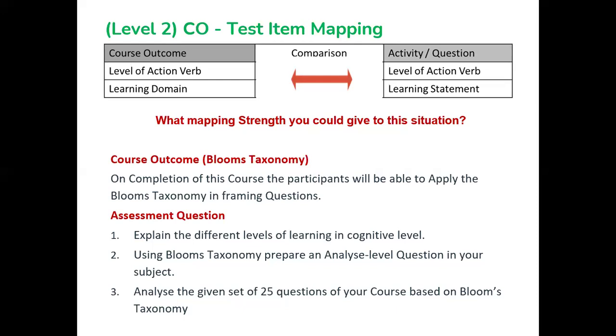In this case, I have designed the CO only at the apply level, but the students will be able to analyze. So my CO should be at the analyze level. That is one reason. Then I can fix a target. There are weak students, of course, so we fix a target just like the pass mark.